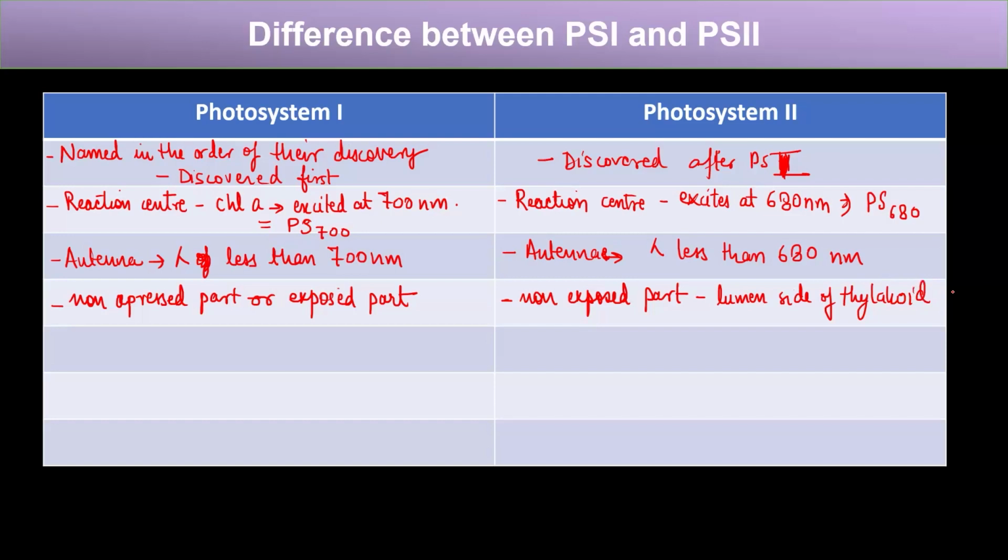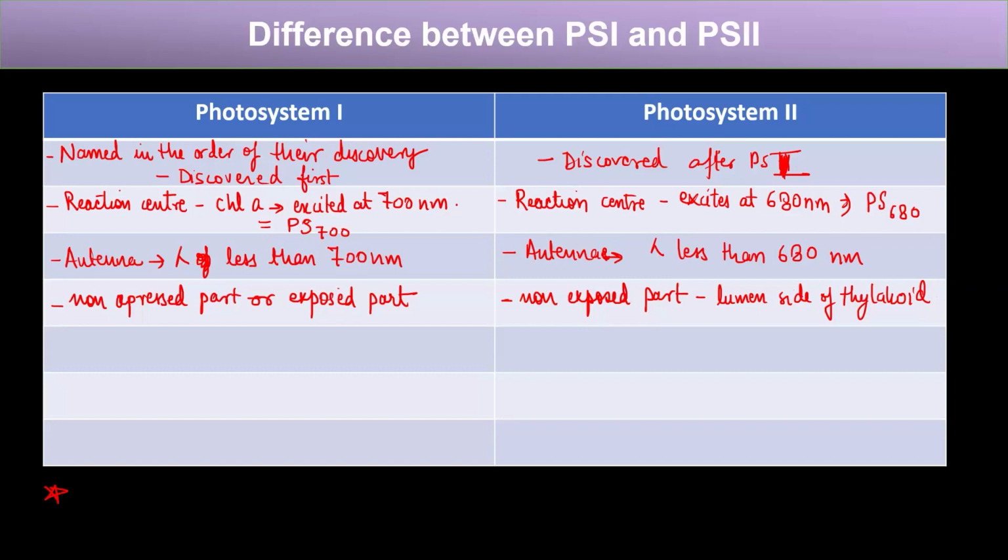Okay. Now, one important thing to note is that both photosystem 1 and photosystem 2, I am mentioning this here because we are seeing that photosystem 1 has a reaction center of 700 nm and the reaction center of photosystem 2 is 680 nm. It means that both of these photosystems can get activated if you give a light of less than 680 nm.